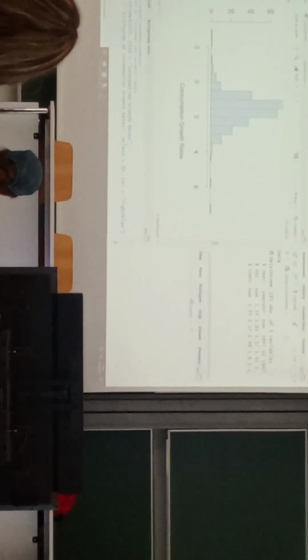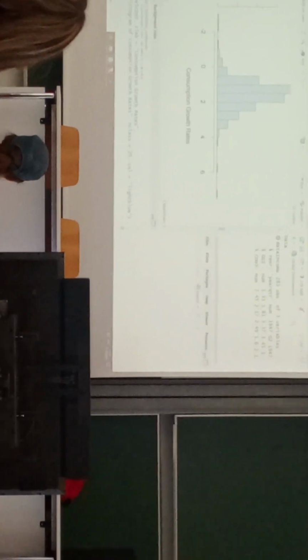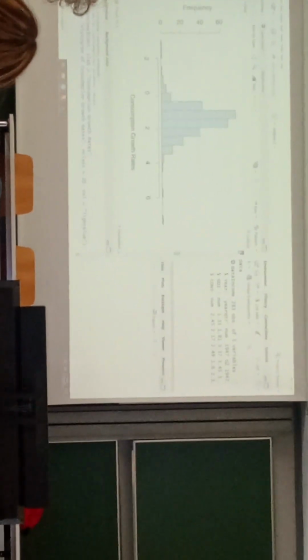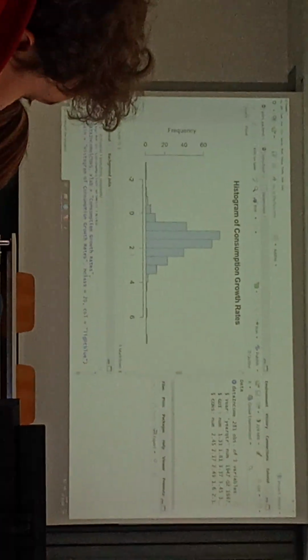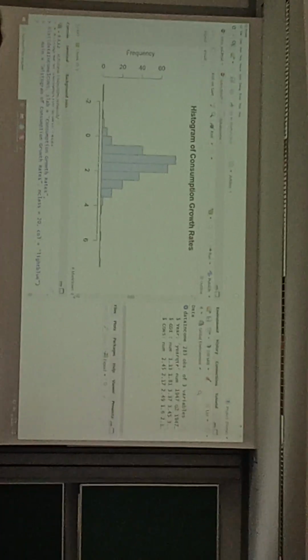And then consumption growth has a very similar look to it, so it also has a lot of observations in the positive realm, a few outliers of very high growth, and very few outliers of very low growth. So, histograms.